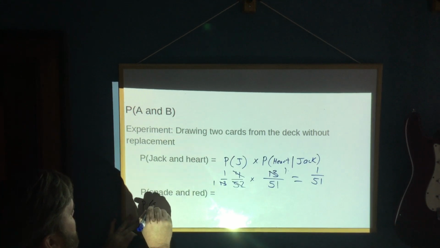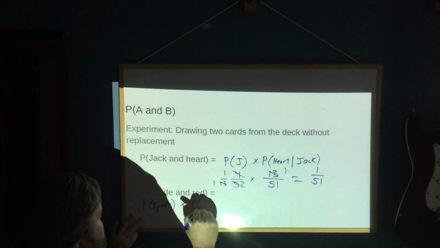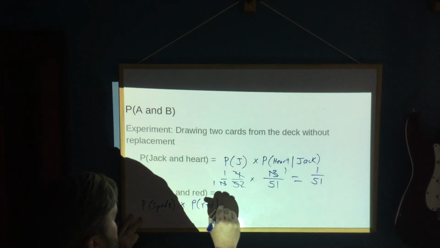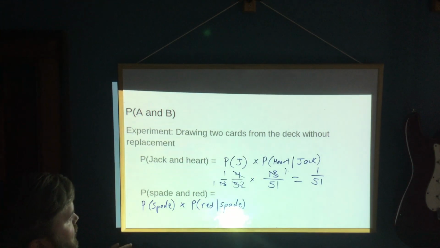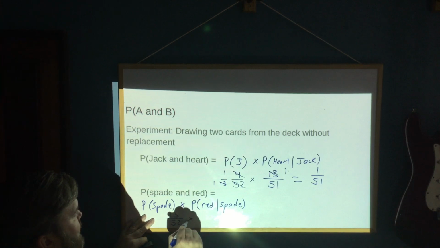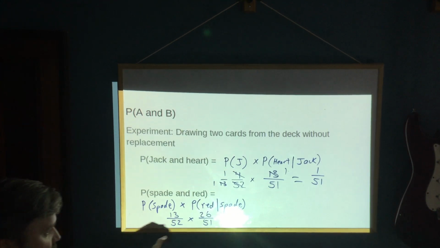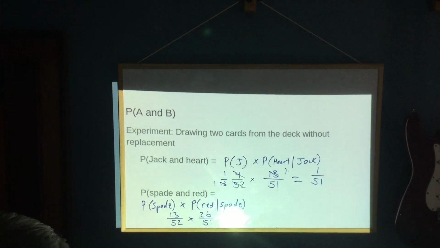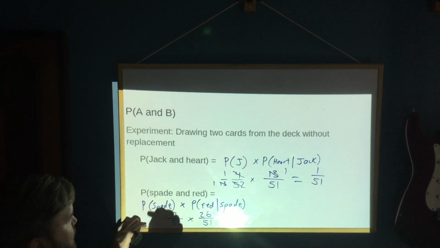So we have the probability of a spade times the probability of red given a spade. So that's going to be 13 out of 52 times 26 out of 51, because like I said, that spade's gone, so we only have 51 cards left.